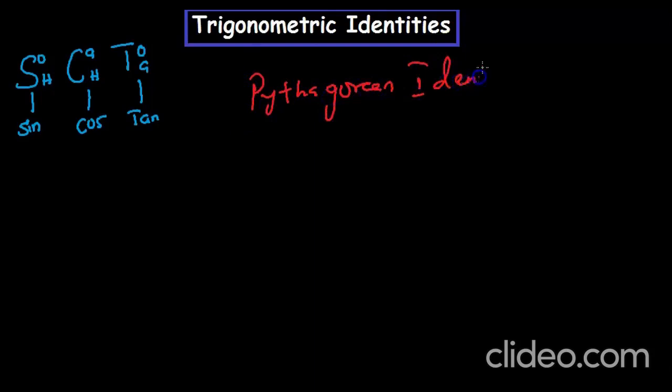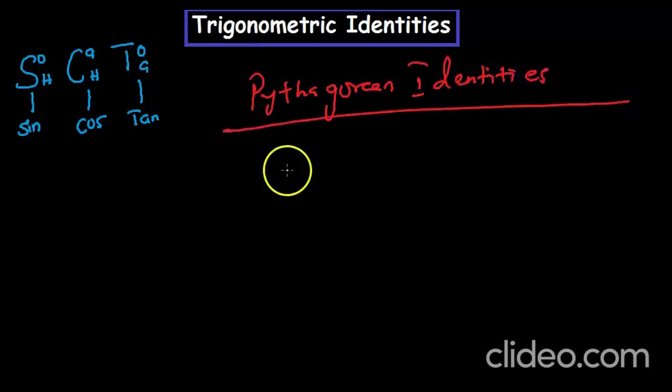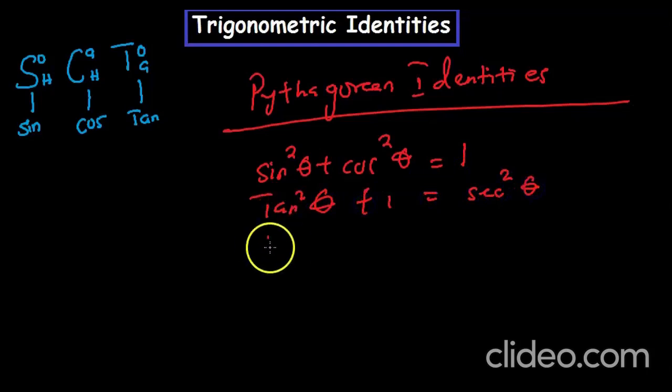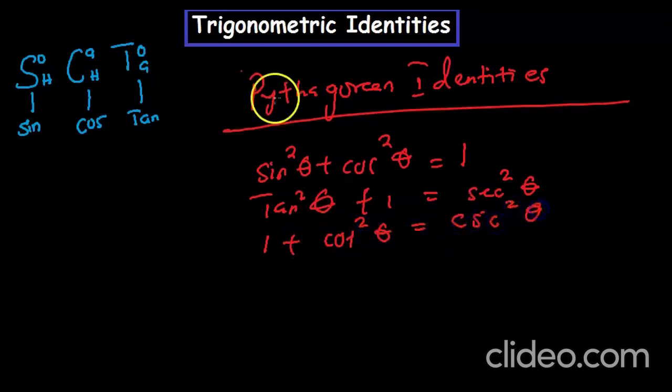Pythagorean identities: we have sine square theta plus cos square theta equals 1, and tan square theta plus 1 is simply going to be sec square theta. What about 1 plus cot square theta? This is simply going to be cosecant square theta.